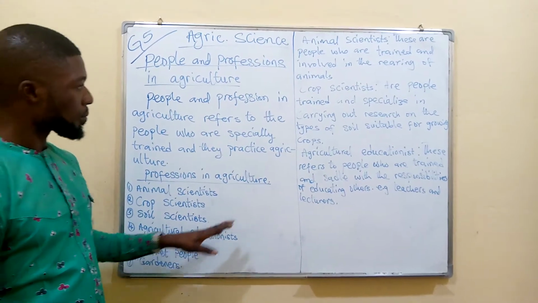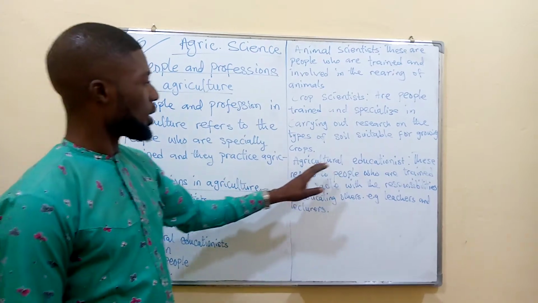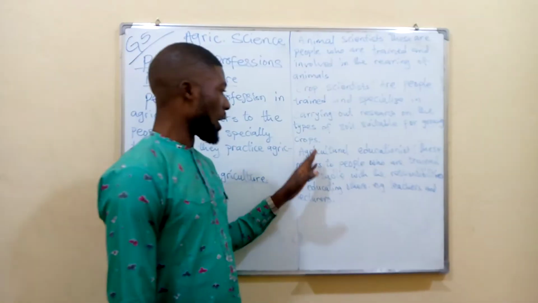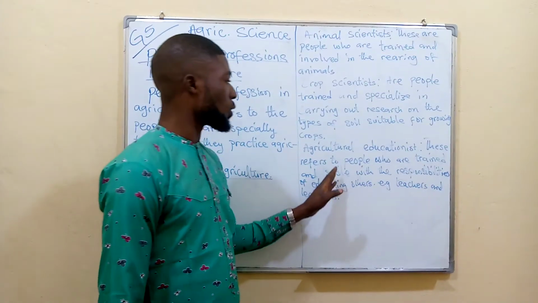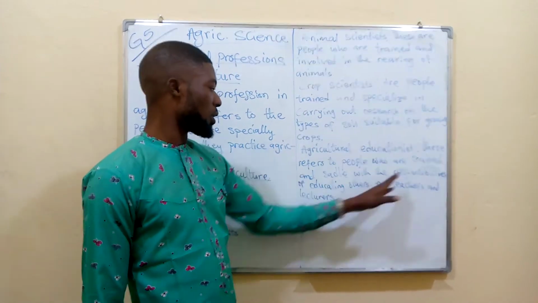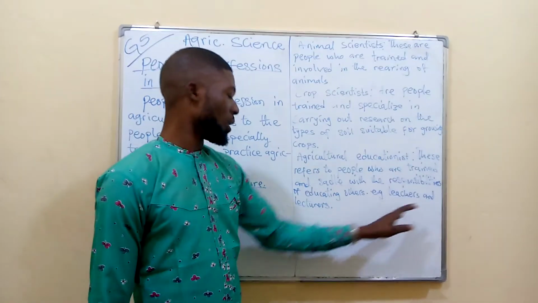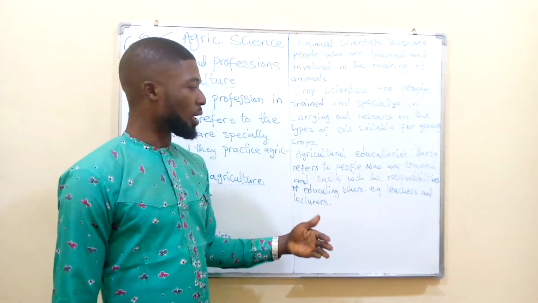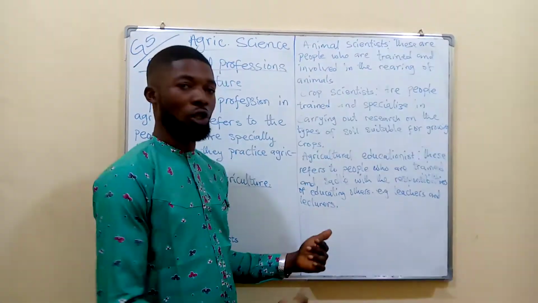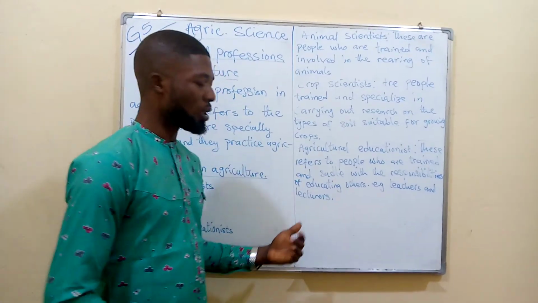Now we have the agricultural educationists. This refers to people who are trained and saddled with the responsibility of educating others, for example teachers and lecturers. In the agricultural process, there are people who teach you how to go about your agricultural activities.